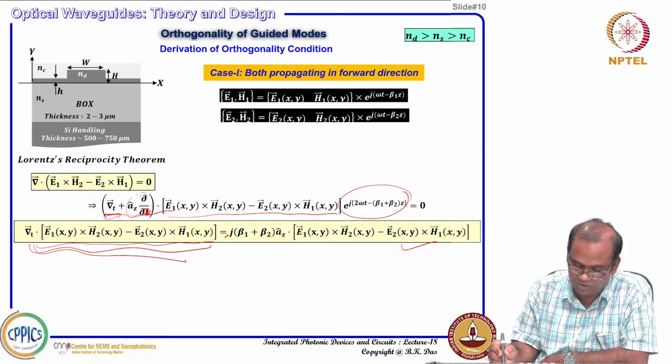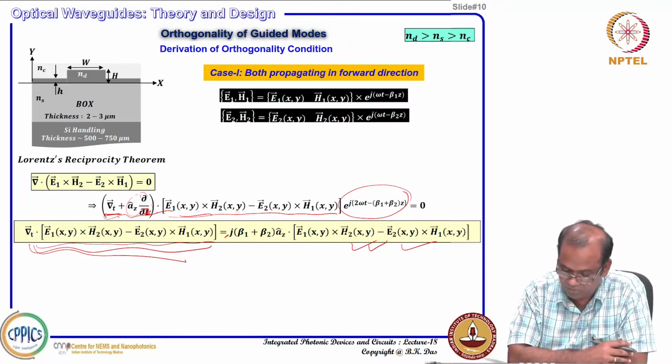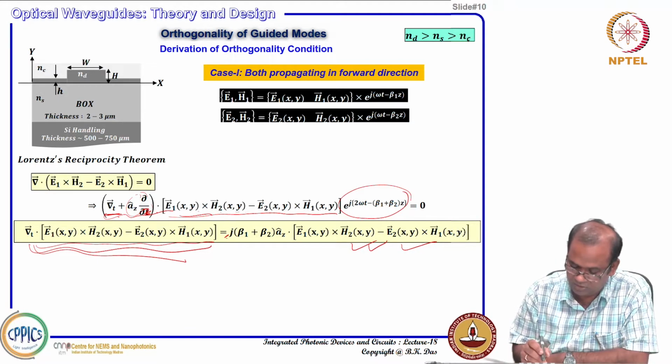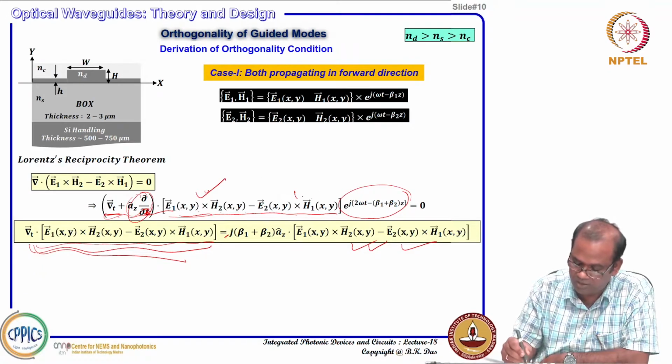Minus j beta, if you operate on this one, you will be getting beta 1 plus beta 2 in both cases, here and here, right? So that is the value we will be getting on this side. Okay, so I think this is the correct sign, no minus sign will be there. Yeah, because here it will be there and here it will be there, so that will be taken to that side. Cool. So one term is this one, another term you will be getting is this one. This term will contribute here as well as here.